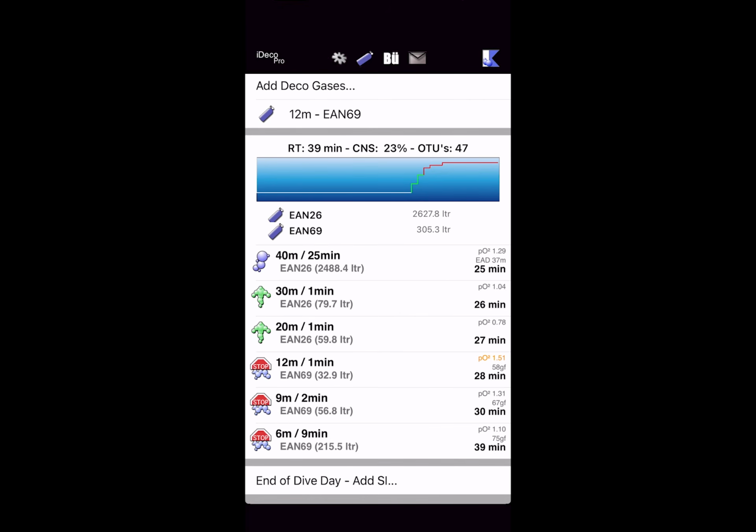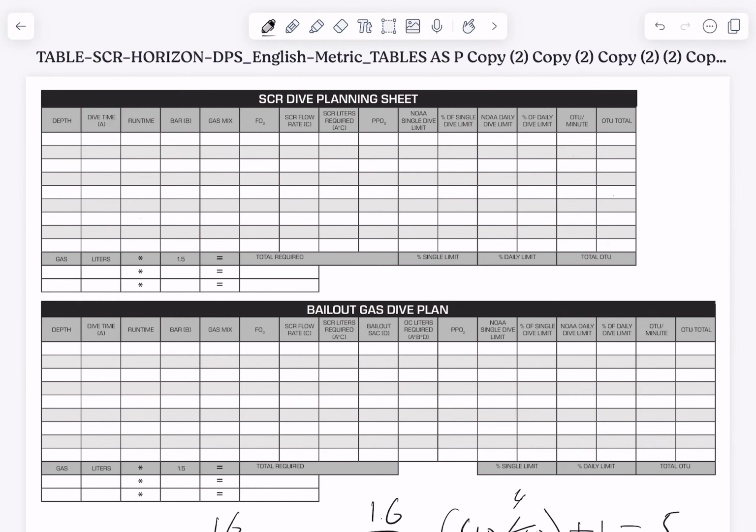So let's actually put this into the dive planner. So we always start with our deepest part of the dive, which is 40 meters. So there we have 40 meters. The dive time is 25 minutes.